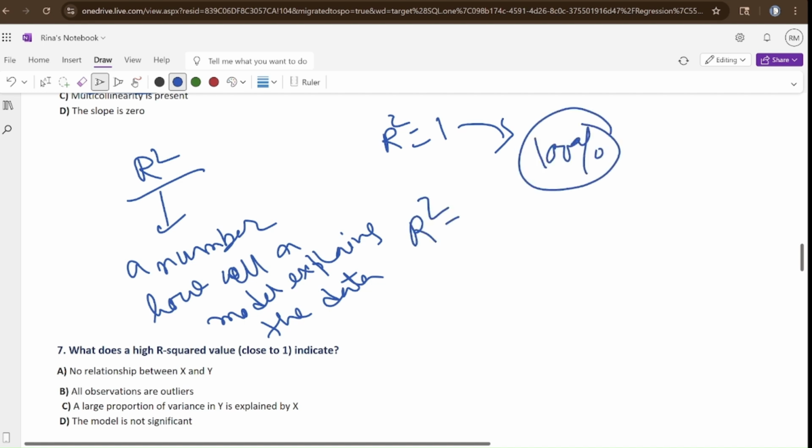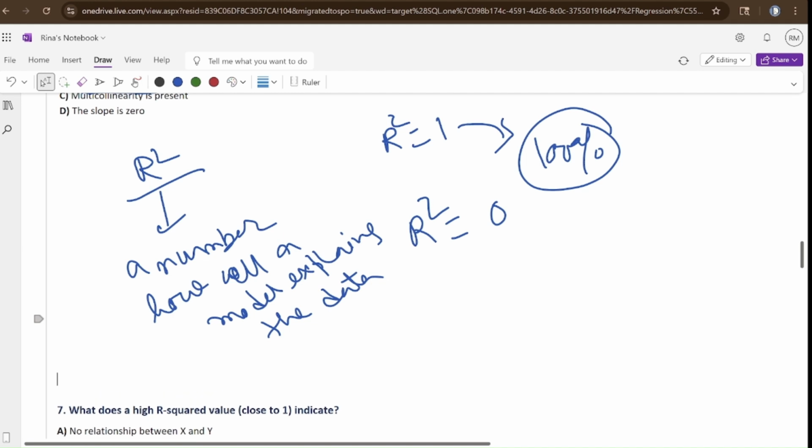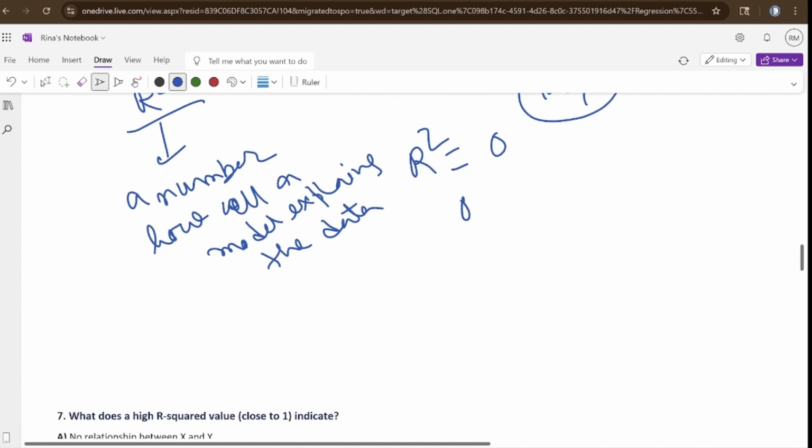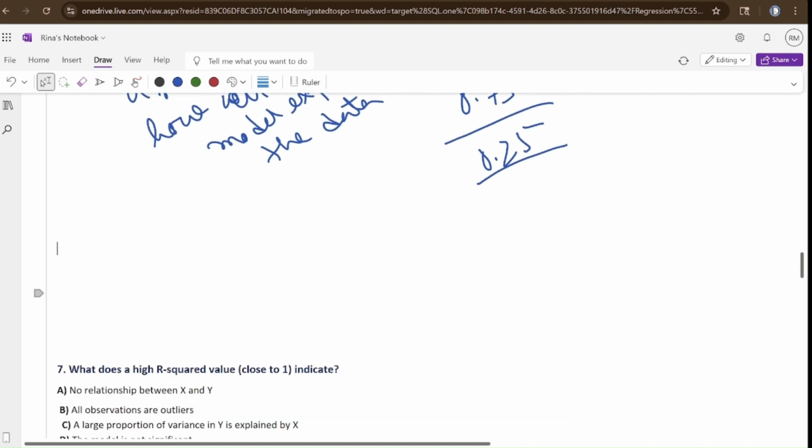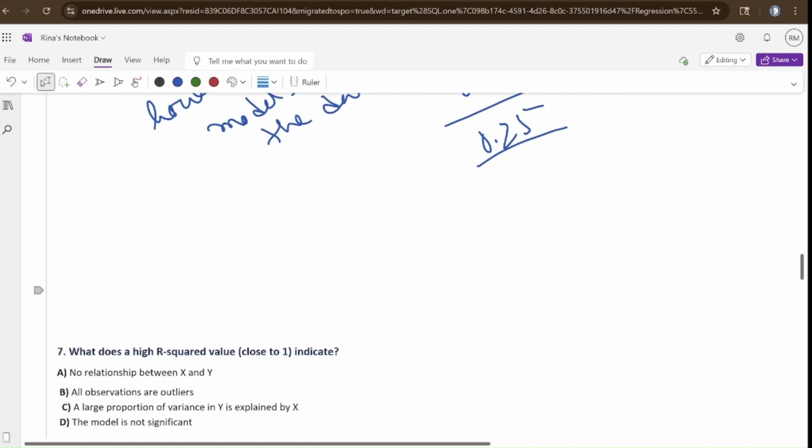If the R square is 0, that means the model explains none of the variation. If it is between 0 and 1, say 0.75, the model explains 75% of the variation. 0.25, the model explains 25% of the variation. So R square is a number that helps you say how well a model explains the data. And there is a formula to calculate it.